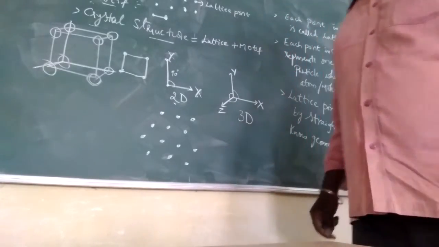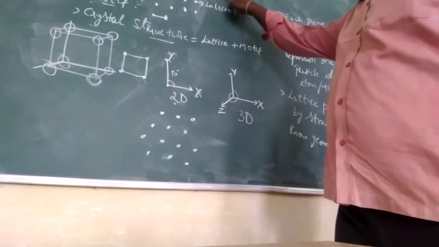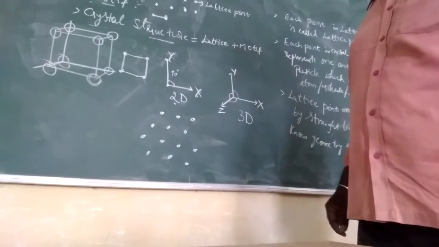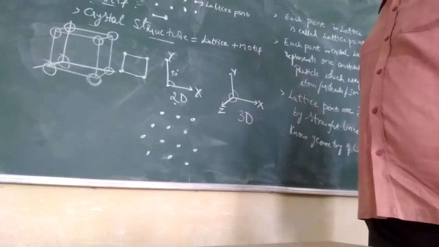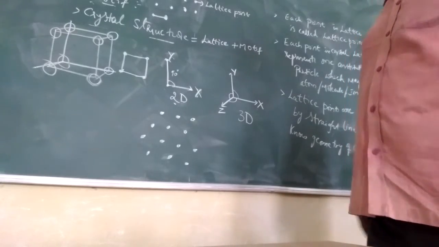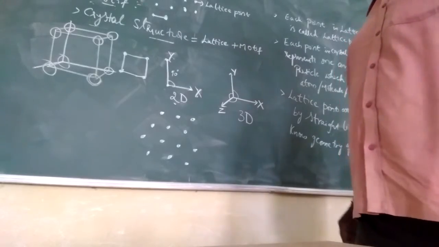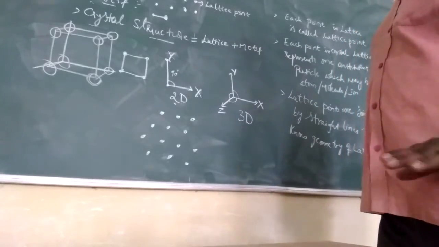And next is the unit cell. A structural unit formed in a crystal structure is called a unit cell.